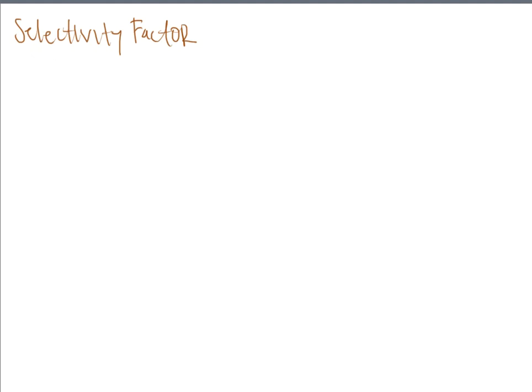And that's what we refer to when we talk about selectivity factor. Sometimes you'll see the word separation, and either one of these is okay to use. It refers to the same thing, selectivity factor or separation factor.